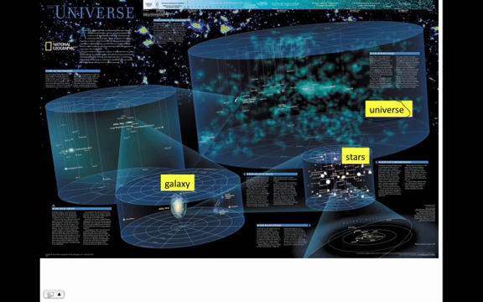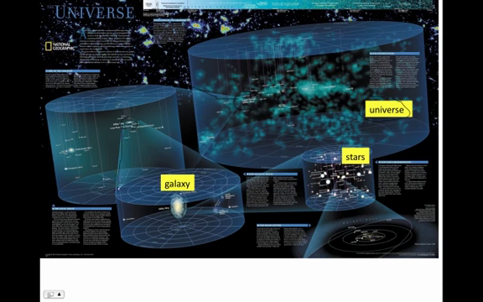So let's blow up this local group right here. Let's make this bigger. And within that, we have several different galaxies, smaller down. And if we blow up this one right here, this is our galaxy, the Milky Way.